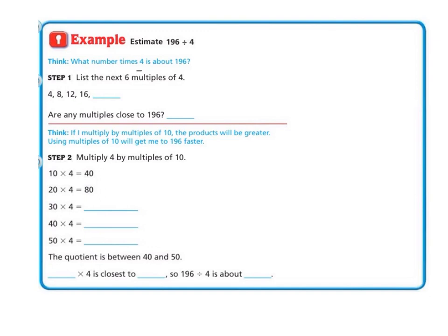So we have 4, 8, 12, 16, 20, 24, 28, 32, 36, and 40. Alright, we went 10 multiples. Are any multiples close to 196? No, our biggest one was 40.